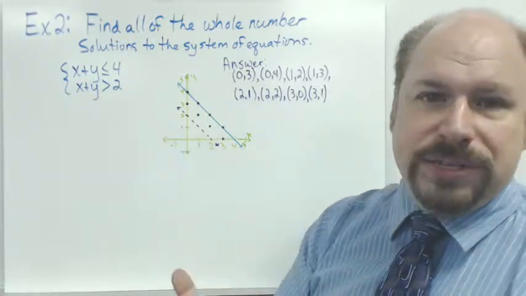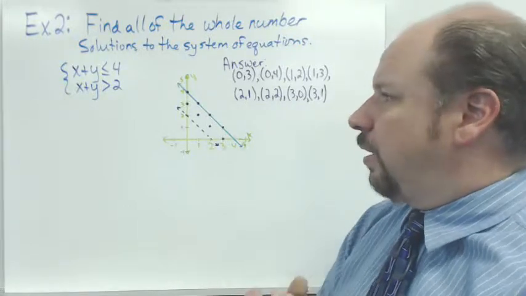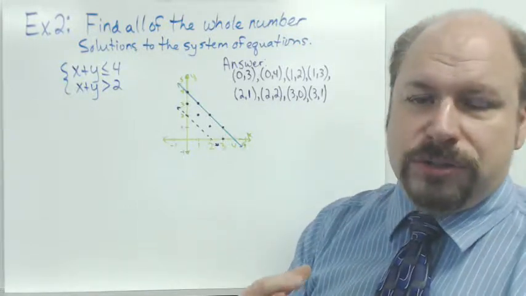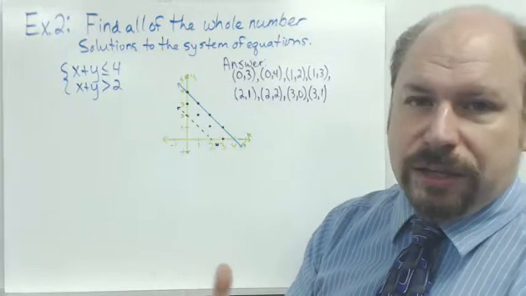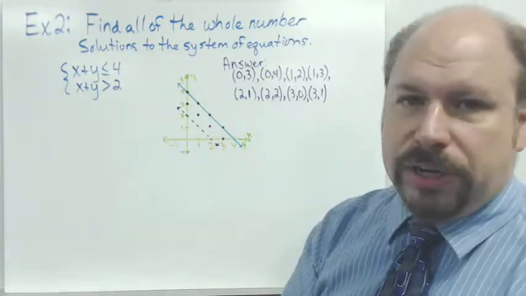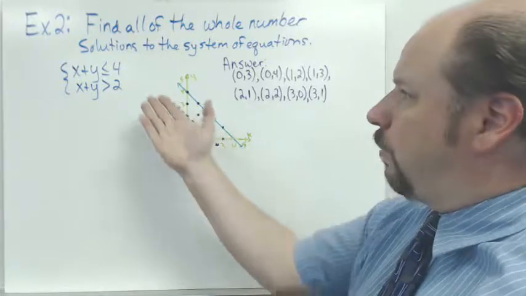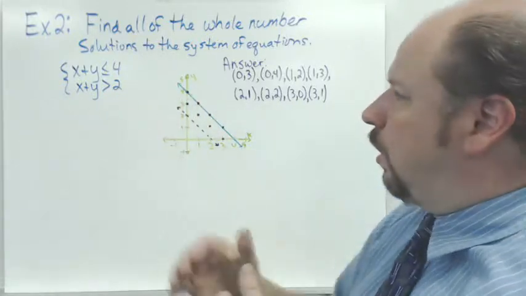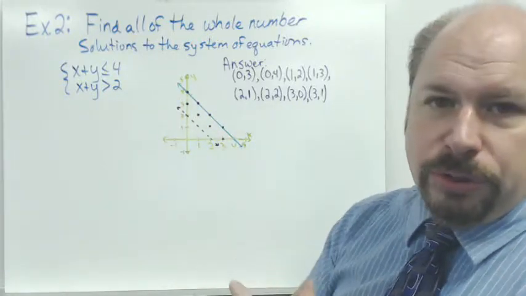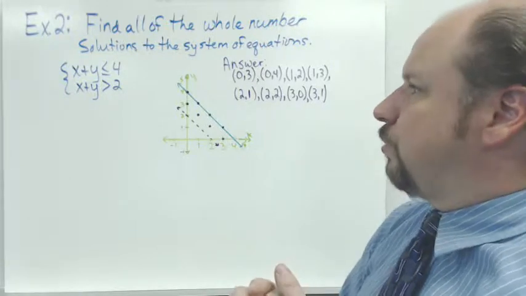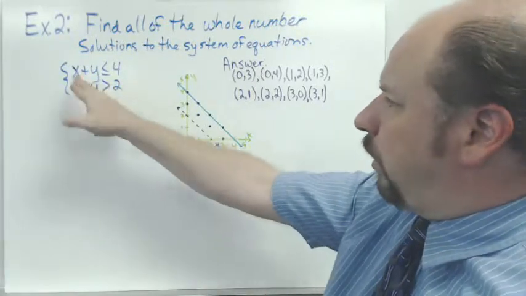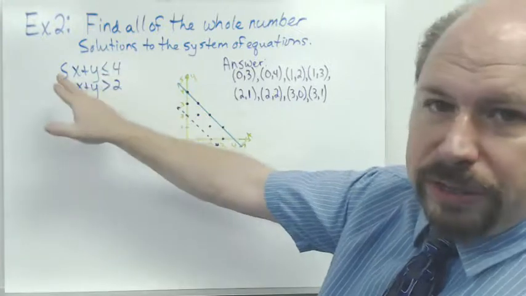Now, you might notice that you could probably do guess and check and figure out what all combinations work here, and that would work as well. You could make a table, but since we're working on graphing, it seems logical to go ahead and use graphing for this particular situation. So let's graph by intercepts.